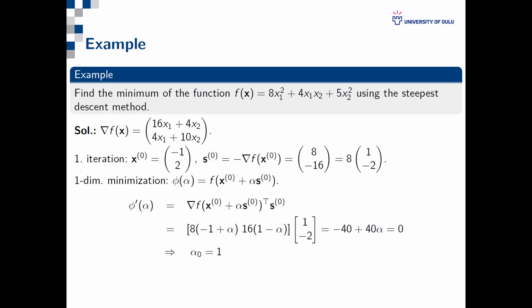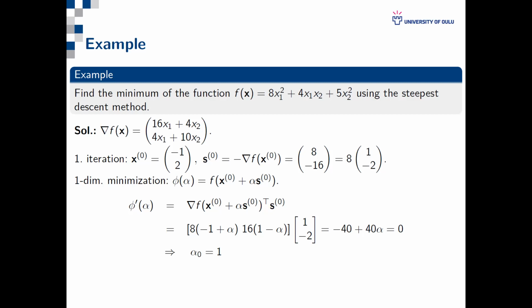So I compute the derivative of this function phi with respect to alpha, so the alpha variable. So it means that the derivative of phi over alpha is the gradient of the function f at the point x0 plus alpha times s0.